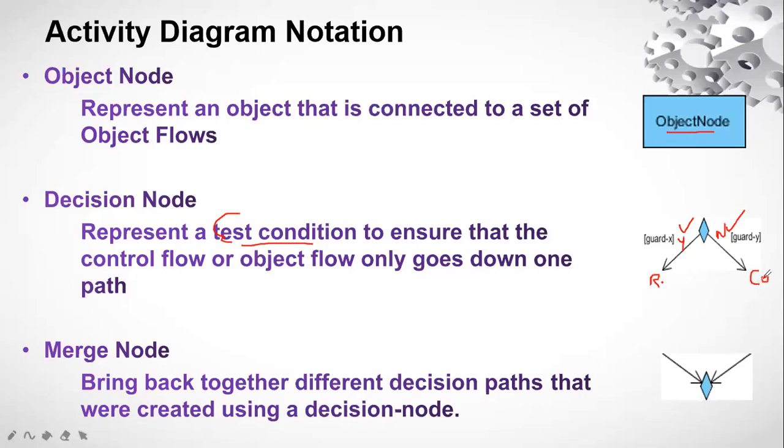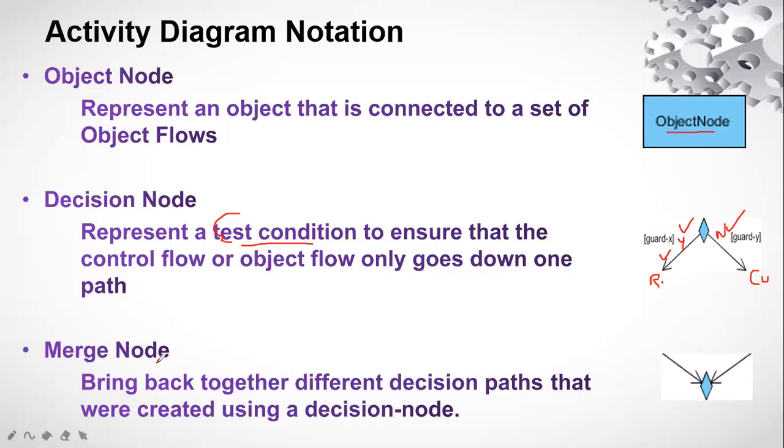So if the customer is new, he is only going to move to the registration part, and if it is an old customer, then it is going to move to the continuation of the shopping. So that is what the decision node is defined as. It works the same way in a flowchart.